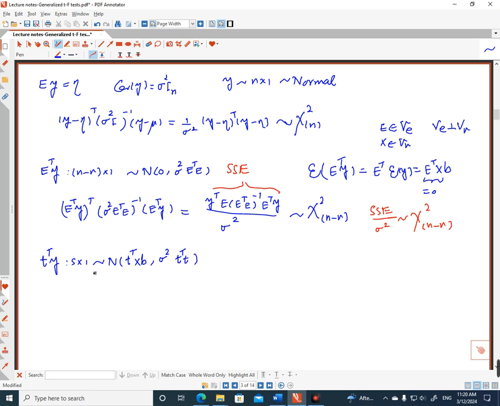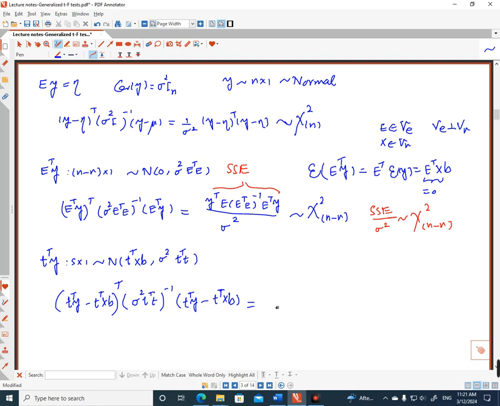If I construct a sum of squares, I can write t prime y minus the expected value, once again using the third lemma, transpose, the inverse of the variance-covariance matrix, and then the expression itself, t prime y minus the expected value t prime xb.